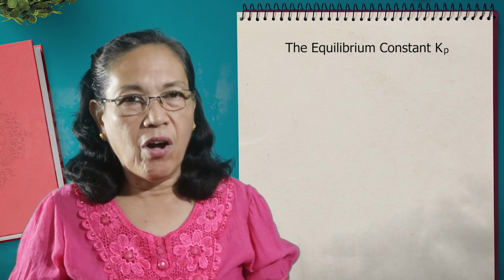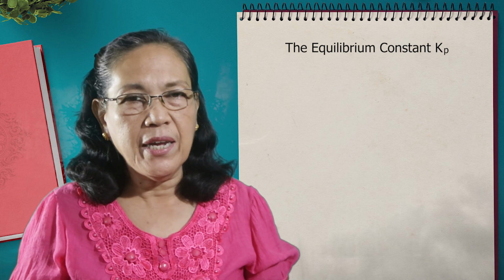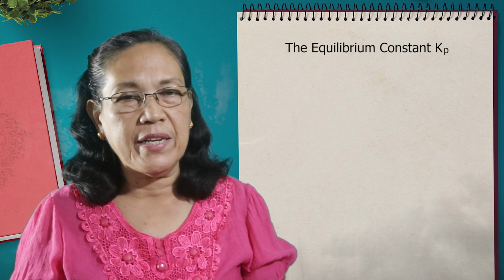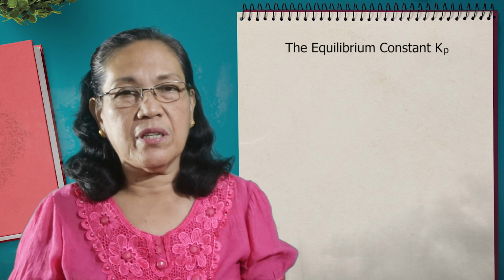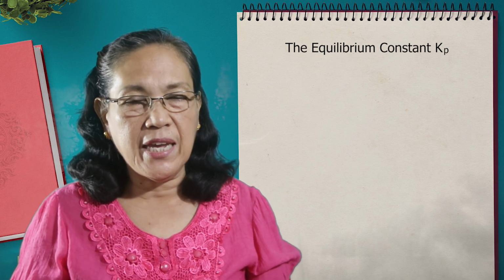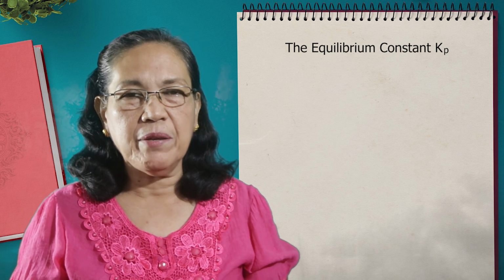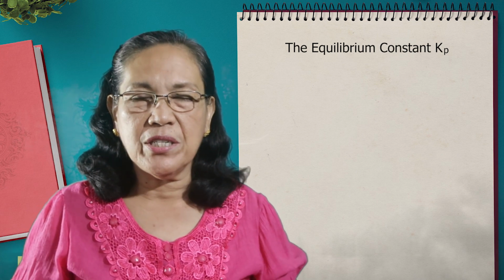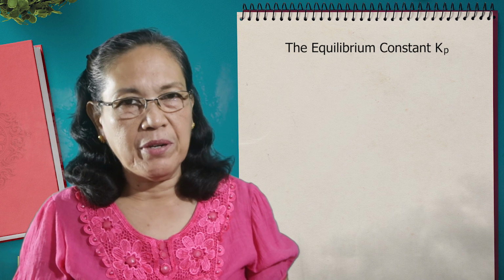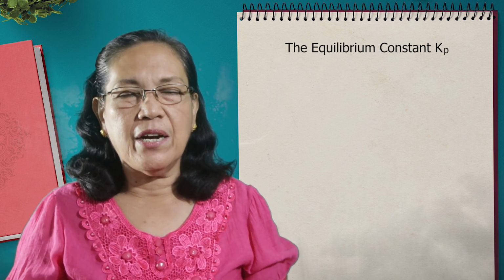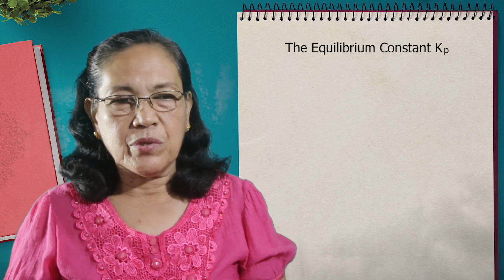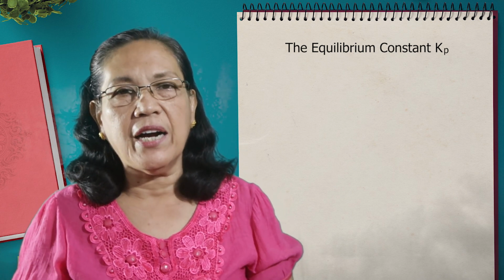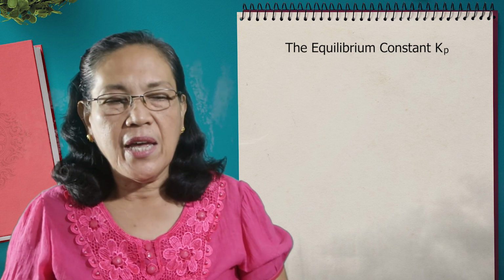You have the concentration of the product Y raised to the exponent y, because Y is a product, times RT raised to the exponent y, times the concentration of the product Z raised to the exponent z times RT raised to the exponent z, all divided by the concentration of W raised to the exponent w times RT raised to the exponent w, times the concentration of X raised to the exponent x times RT raised to the exponent x.